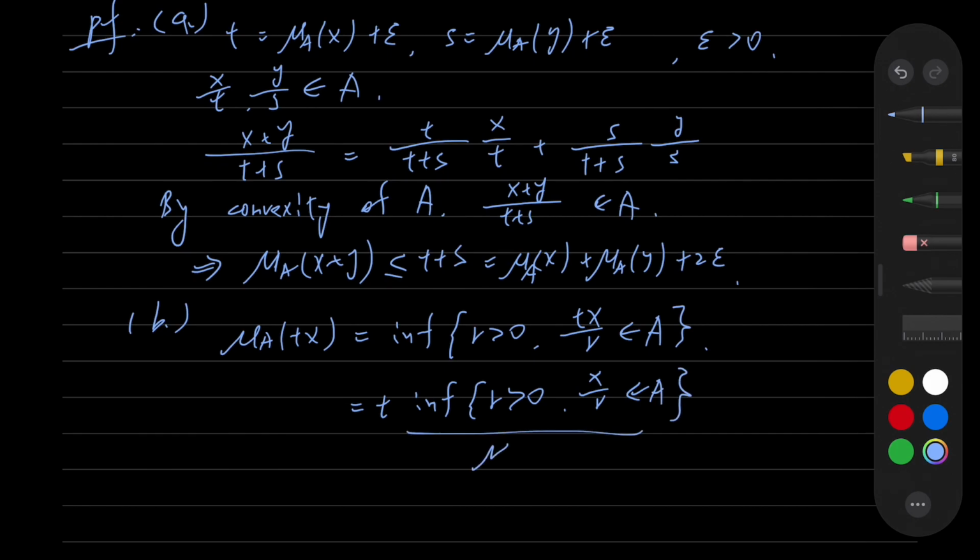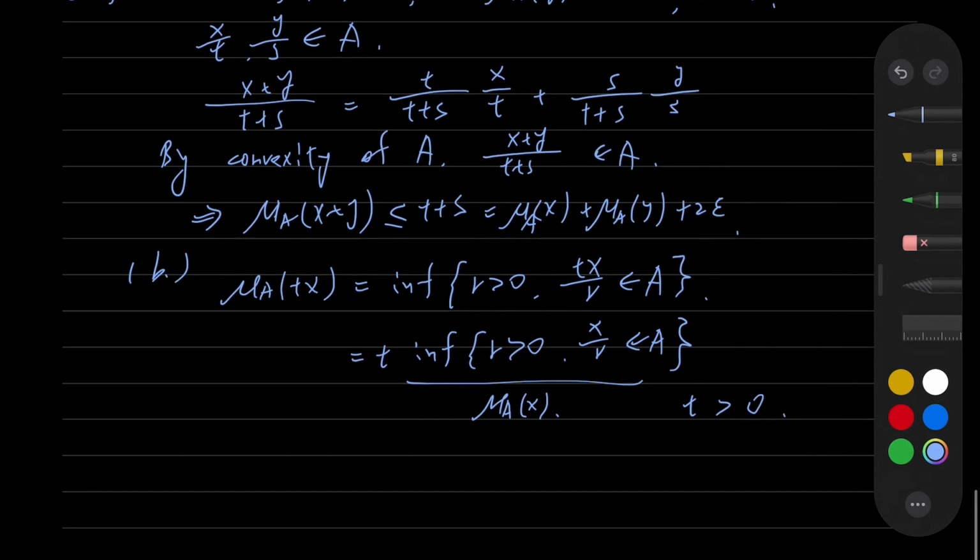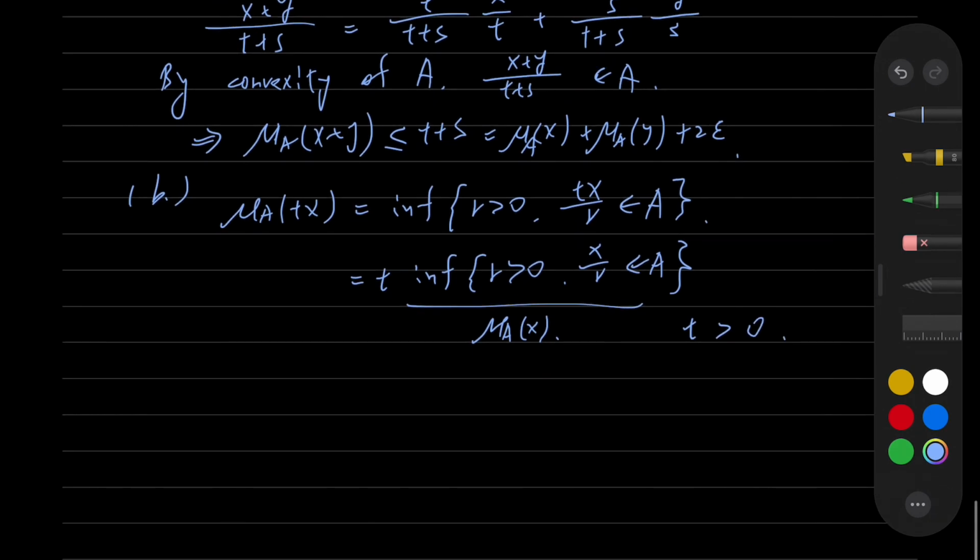Then the rest of this is just the definition of mu A of x. So we're done. Of course, this is only true for t positive, and for t equal to 0 it is trivial.